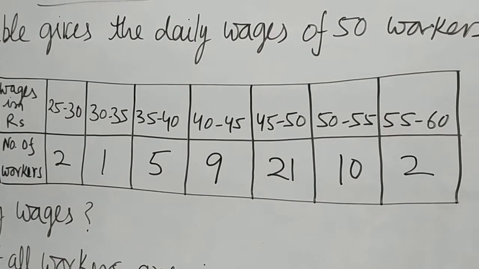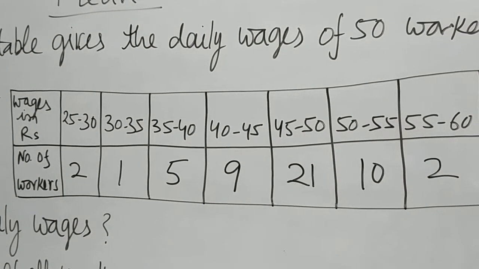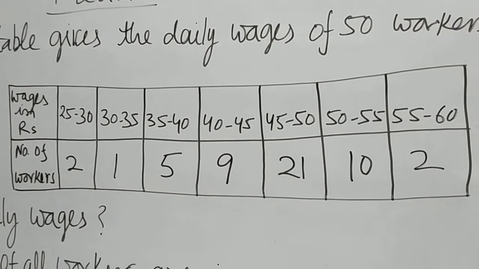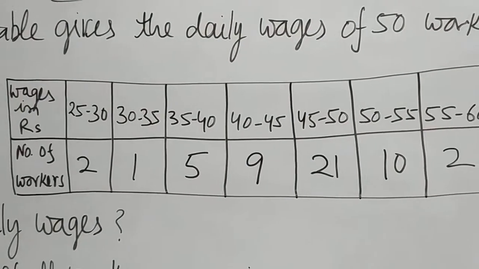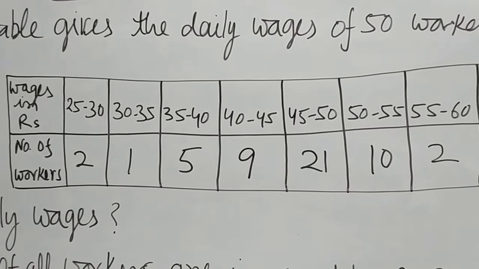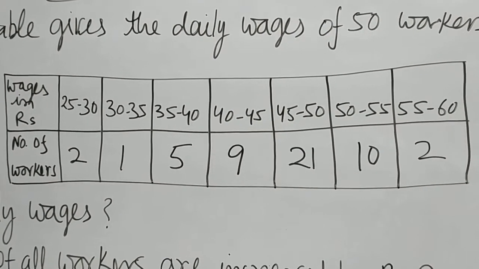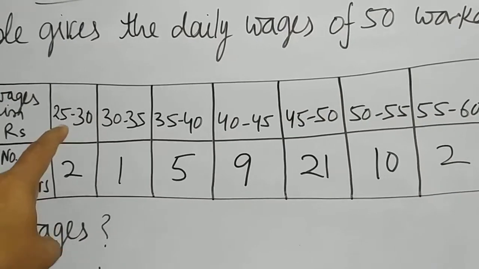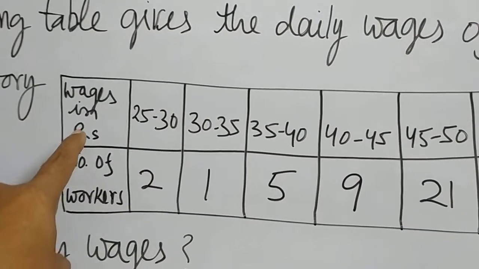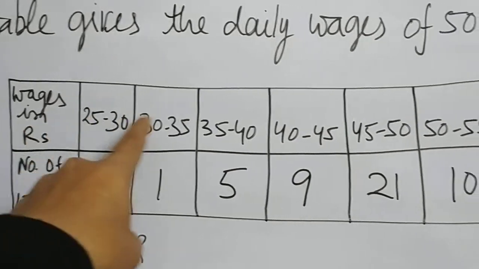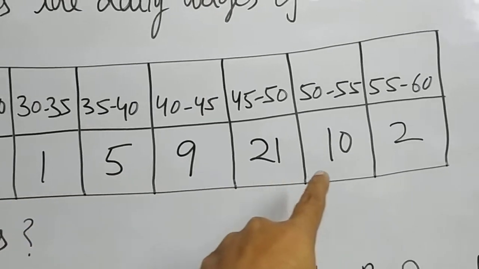Some get common wages, but everyone is not getting equal wages. This observation will explain. Here in the first column you see wages in rupees, and this is the number of workers.